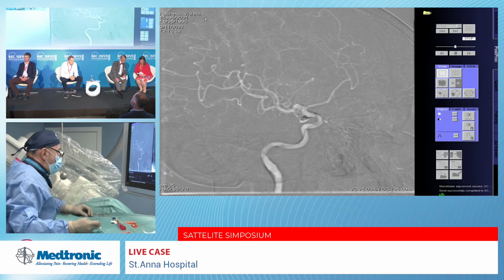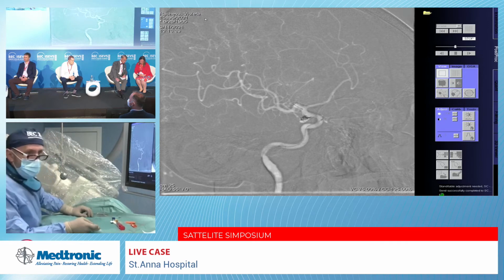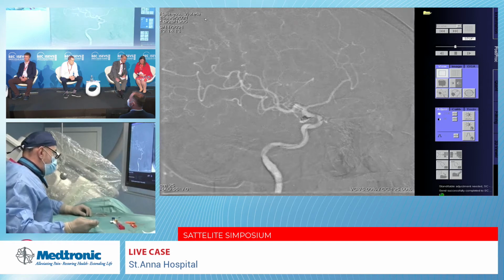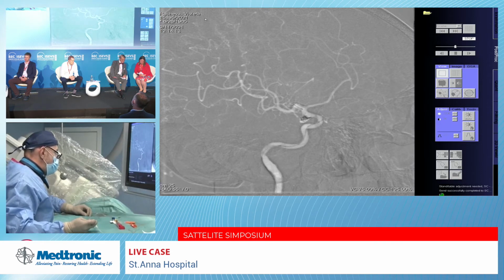It's below the A1 and before the bifurcation, actually. Do you have a biplane machine or? Oh, it's monoplane. I think that the only advantage of biplane is when you treat the AVMs.